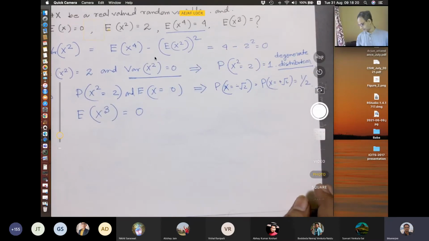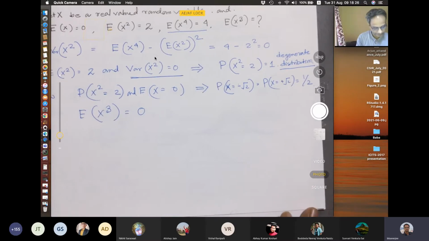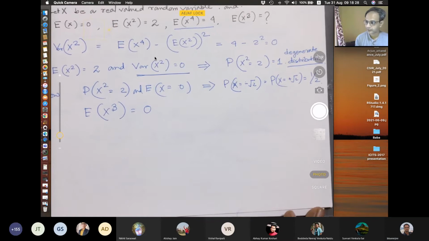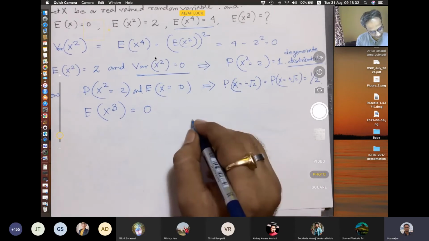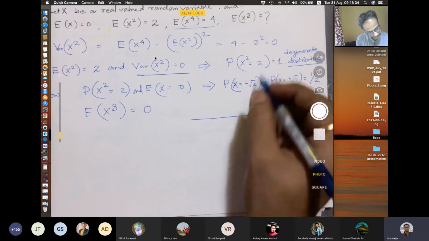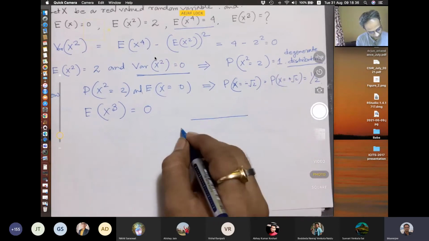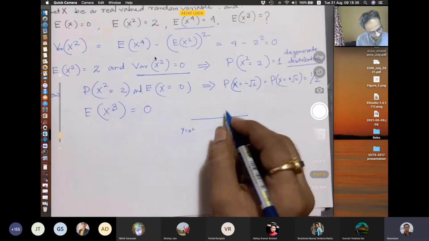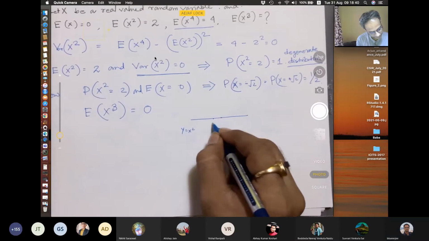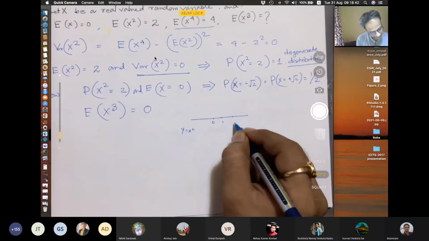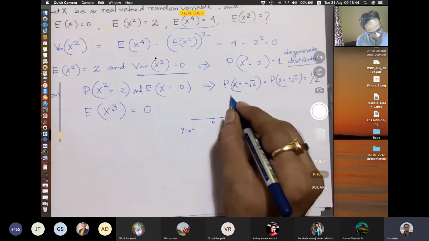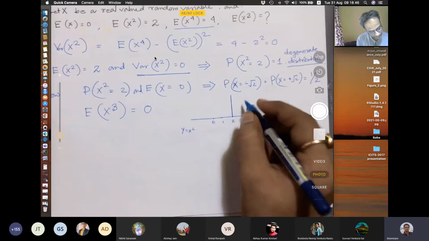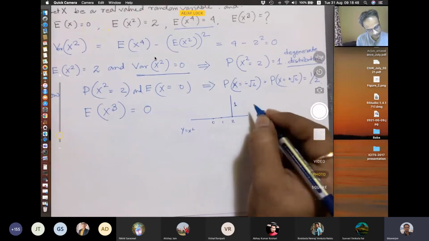Okay. Another example is interesting. Sir, can we draw a graph for this? Yeah, graph of this degenerate distribution. If I say that Y equals X square, then it will take the value 2 and it will have only one. This height is 1.